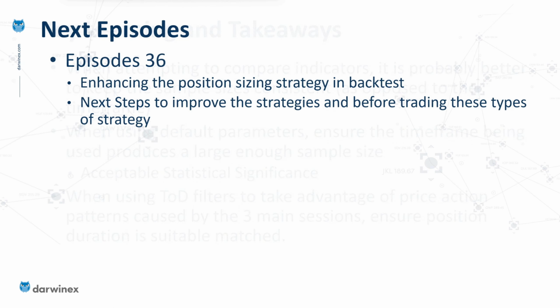So where next? Well, in the next episode, I'm going to be looking at enhancing the position sizing strategy. And now that we've got much better results for RSI, I'll be doing this for both RSI and stochastic RSI. And then looking at some next steps that you might want to undertake yourself in order to improve both of these strategies, which are certainly required before considering actually trading these in a live account.